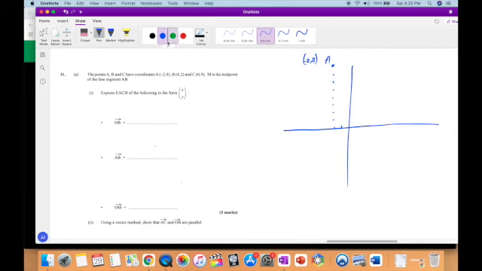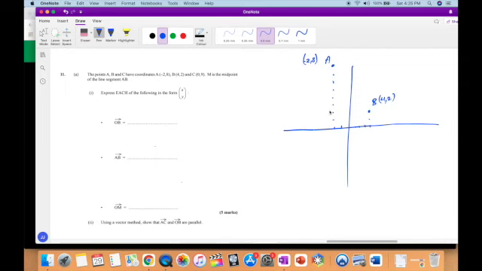And you notice how I've taken the question piece by piece. The point B is 4, 2. So 4 on the X, 1, 2, 3, 4, 1, 2. So this is the point B, 4, 2. And I don't even know if this diagram will help me or confuse me, but that is all I know.